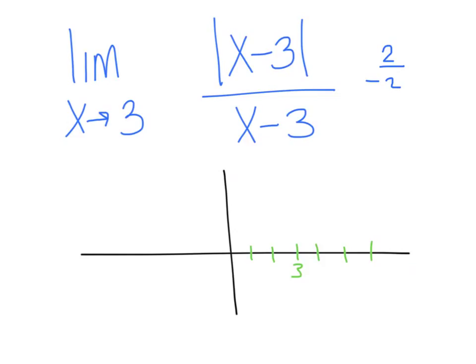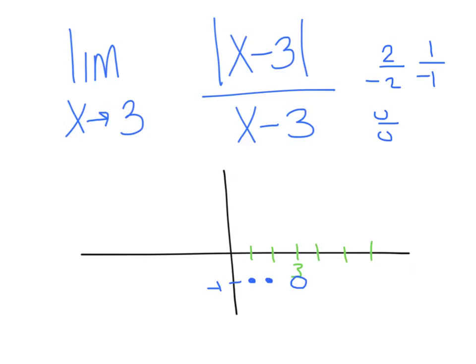So when I plug in a 1, I get a height of -1. And I'm going to plug a 2 in. If I plug a 2 in, I get the absolute value of -1, so I get 1 over -1. Now what happens when you plug a 3 in? I basically get 0 over 0, so I know it doesn't exist at 3. So I'm going to put a nice big hole there because that function doesn't exist.